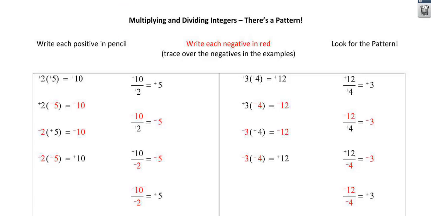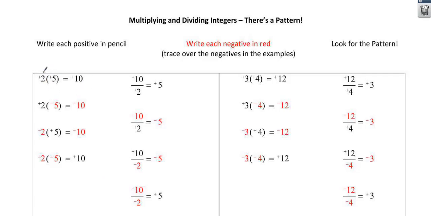So what we're going to start out with is just looking at two sets of numbers. Here's a set of numbers that all use the integers positive 2, positive 5, positive 10, or negative 2, negative 5, negative 10. I'm going to talk through each of these, and as I do, I want you to look for a pattern.